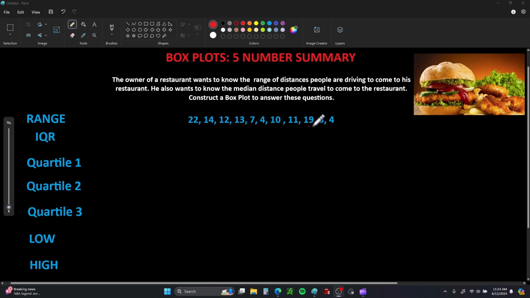And looking at this number set, the first problem is that the numbers are not in order, so I'm just going to reorder them. So the smallest number I see is a 3.